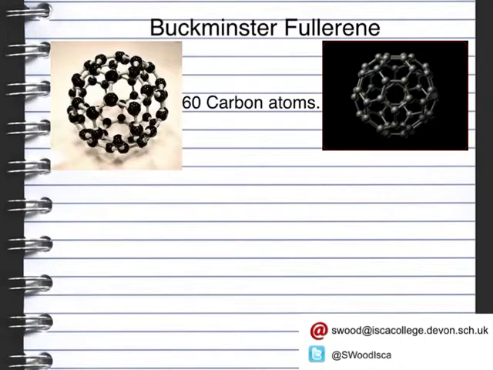Now, Buckminster fullerene is made up of carbon atoms in hexagon shapes and in pentagons. So you can see here 1, 2, 3, 4, 5, 6 sides, and then here 1, 2, 3, 4, 5. Now each carbon atom is covalently bonded to 3 other carbon atoms. So similar to the graphite, each carbon is covalently bonded to 3 other atoms.